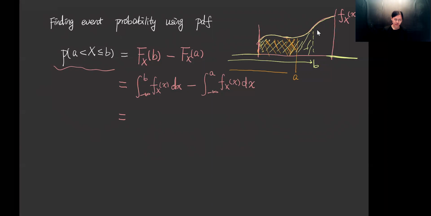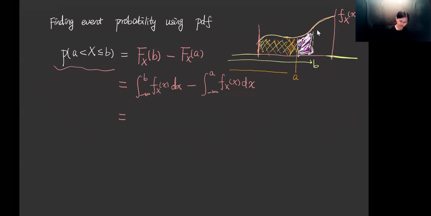So the difference of the two areas will clearly be the area under the PDF in the interval a to b.